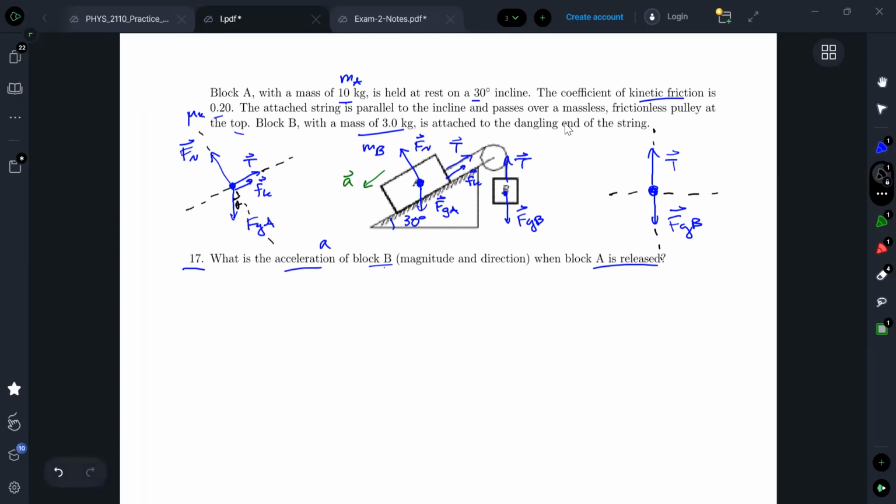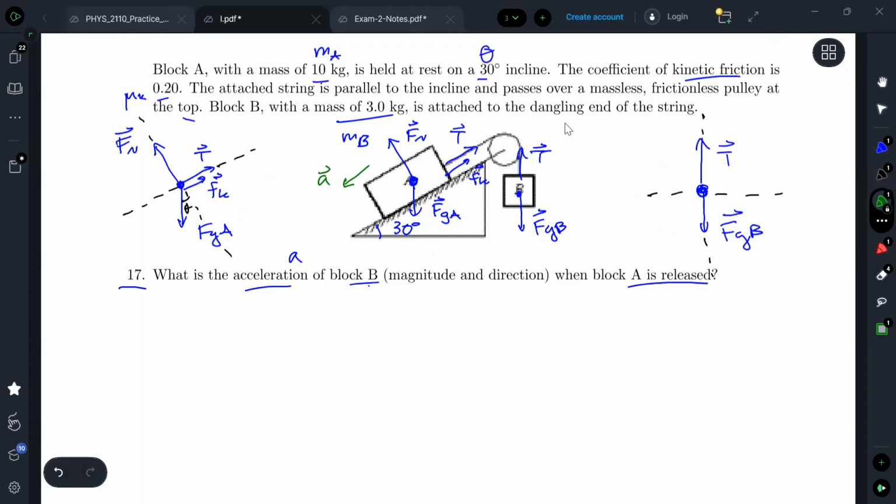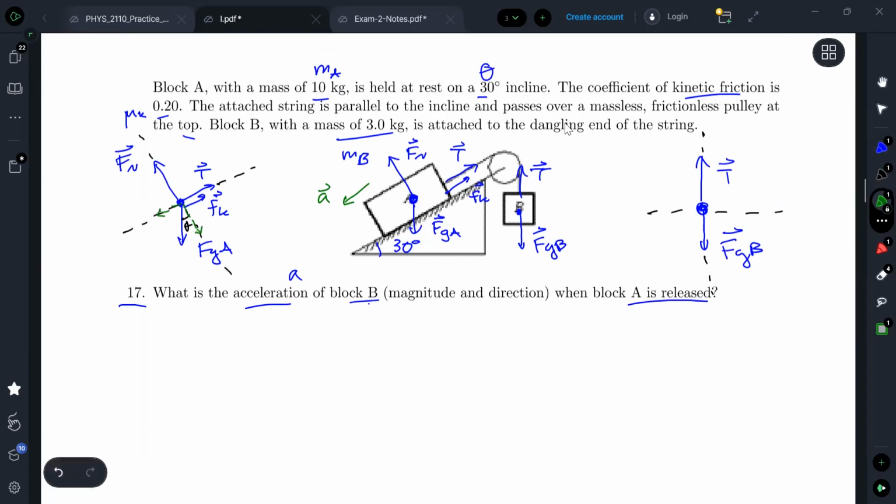Okay, so I need to break my gravitational force into components, and that's going to be FGA cosine theta, the side adjacent to that angle, and then FGA sine theta.